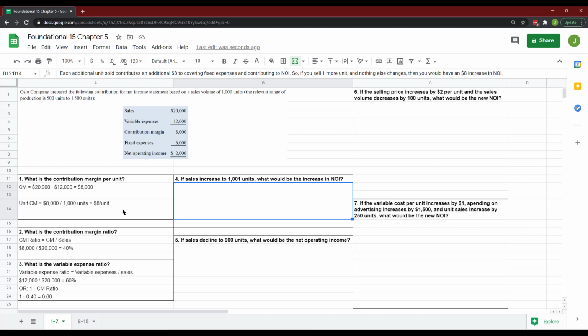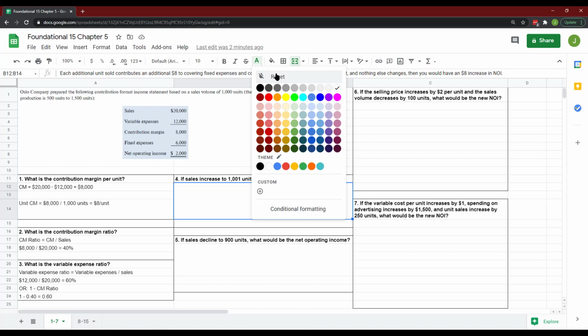It tells us how many dollars we have to cover fixed expenses. So if you sell 1 additional unit, how many dollars more will you have in contribution margin? You should have $8 more, right? And if you have $8 more in contribution margin, you have $8 more to cover those fixed expenses, giving you $8 more in net operating income.